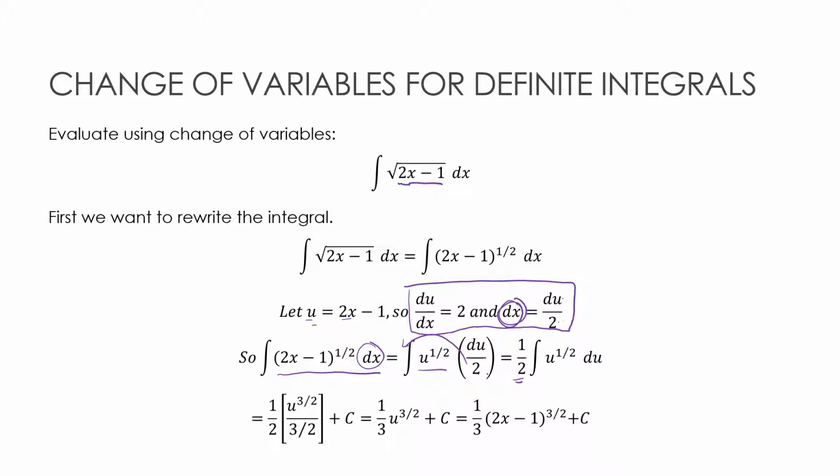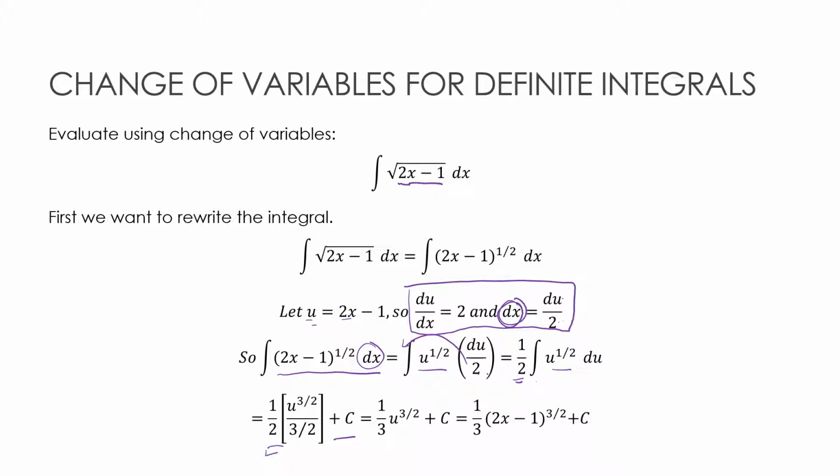On the last one, I had to actually think about it. What would I have to multiply by to make it fit the pattern? On this one, you don't have to worry about it because we've already changed the variables, so just plug things in directly. Whichever one makes more sense to you is what you should do. So now I have 1/2 times the integral of u to the 1/2 du. Pretty straightforward from here. u to the 3/2 divided by 3/2, I still have the 1/2 on the outside. Don't forget plus c.